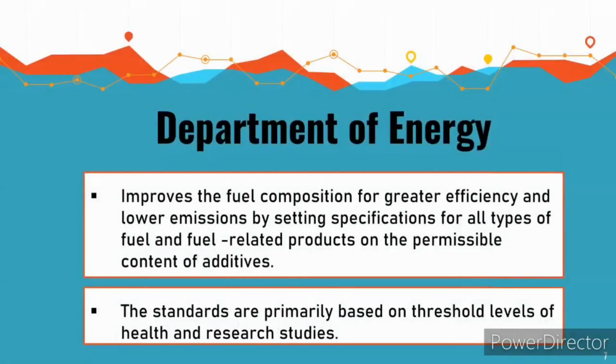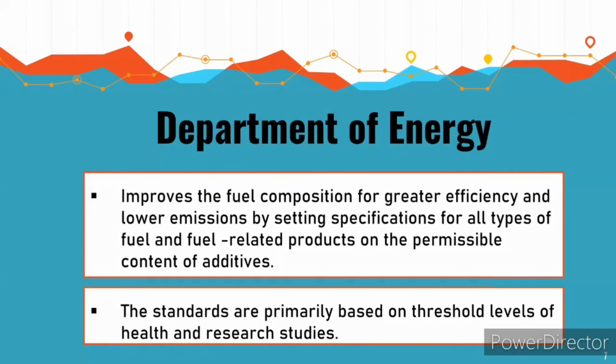Moving on, we also have the Department of Energy. This agency improves the fuel composition for greater efficiency and lower emissions by setting specifications for all types of fuel and fuel-related products on the permissible contents of additives. By how?